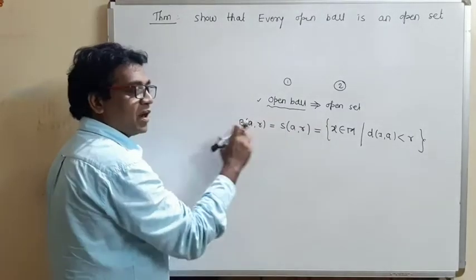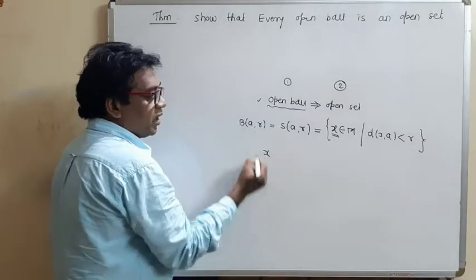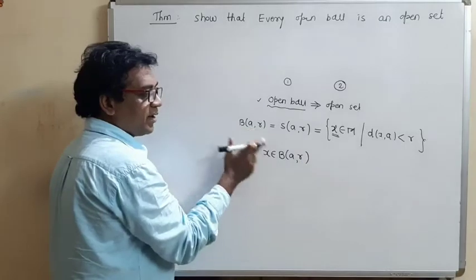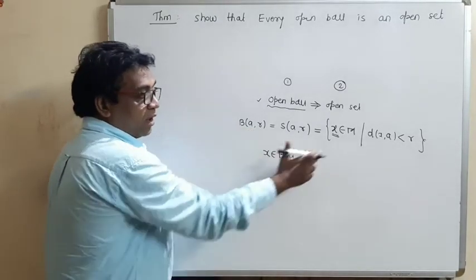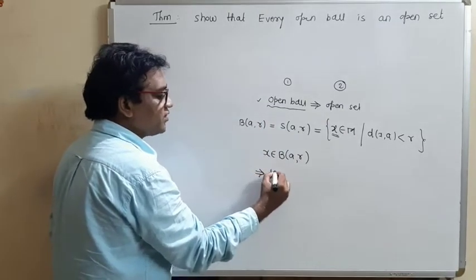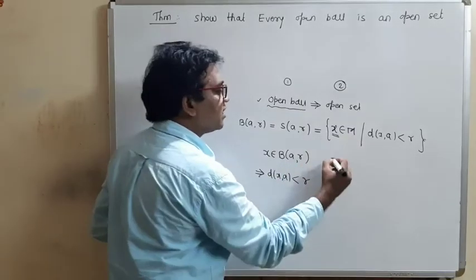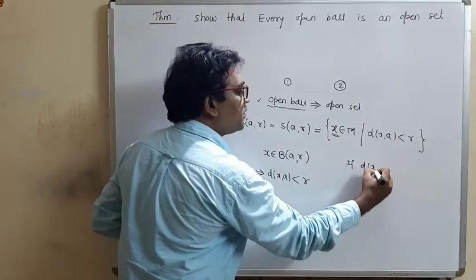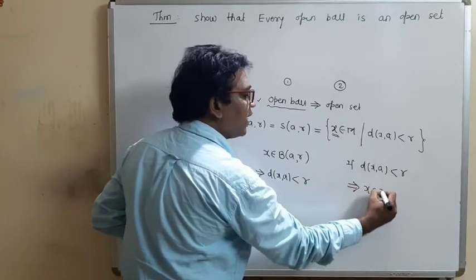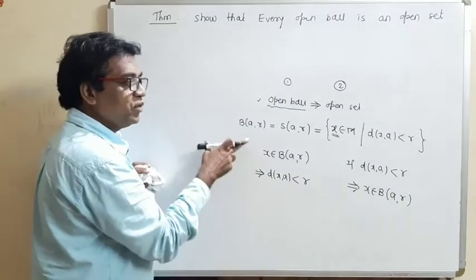Now this definition can be written as: if X is an element of this open sphere B with center at A and radius R, then we have this condition: distance between X and A less than R. And conversely, if the distance between X and A is less than R, then X is an element of the open ball B with center at A and radius R. This is an if and only if case.